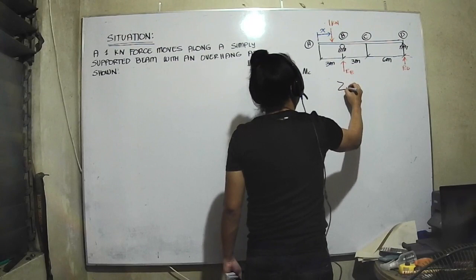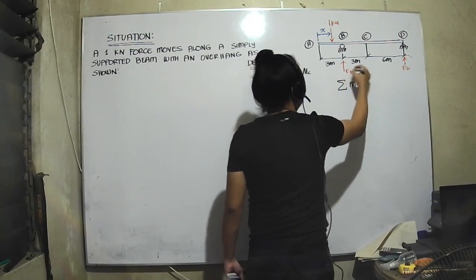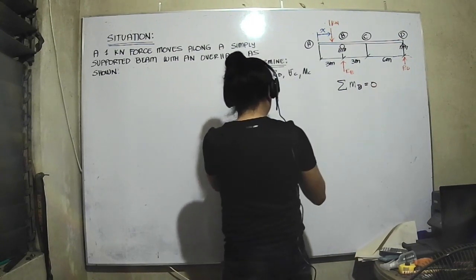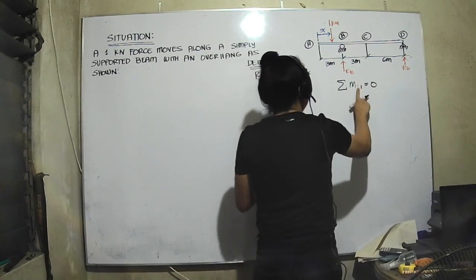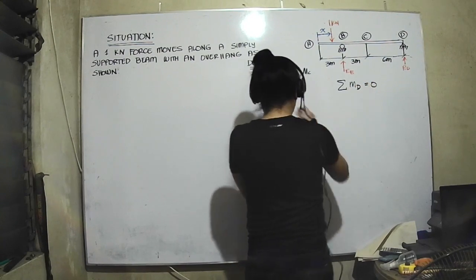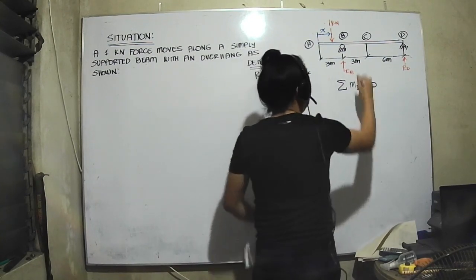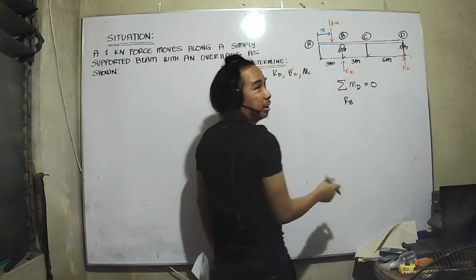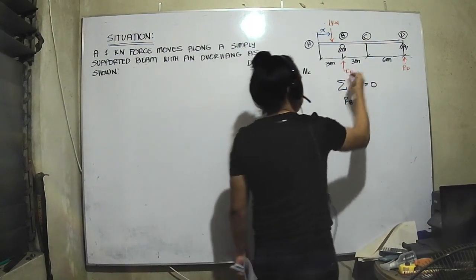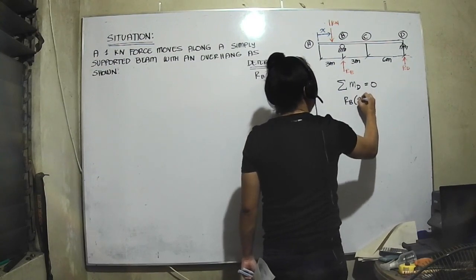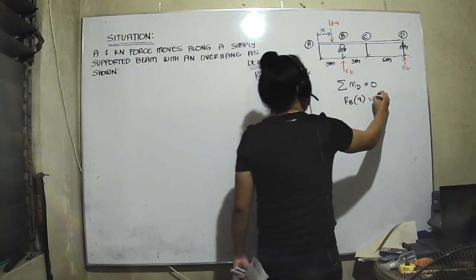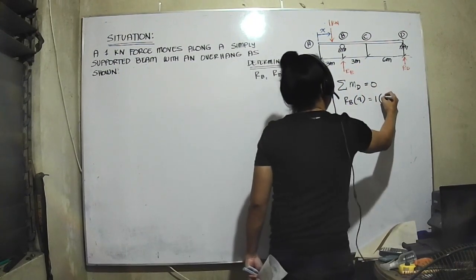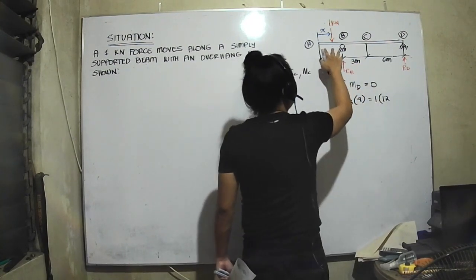Now, let me solve by summing up moments at, let's say, B is equal to 0, or let's use D. So, at D, we have RB, which is clockwise, times 9. That equates to the 1 times, all of this is 12. Diba? 12 minus x. Okay?